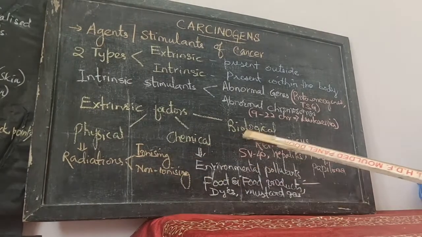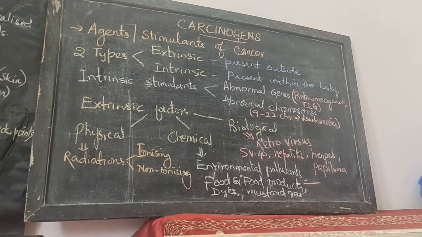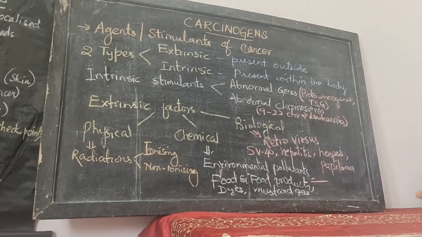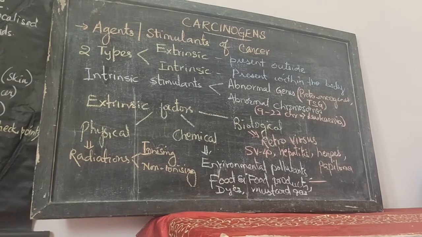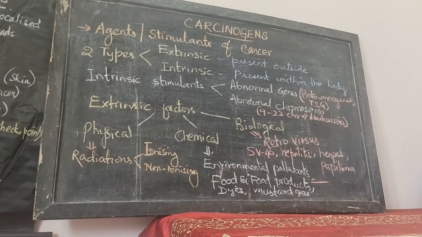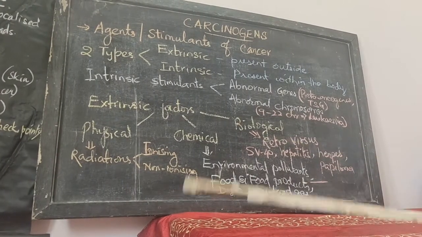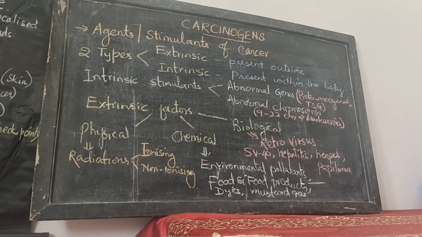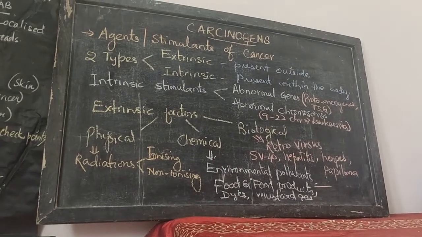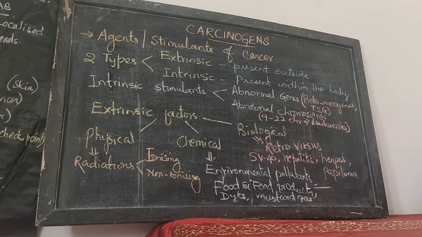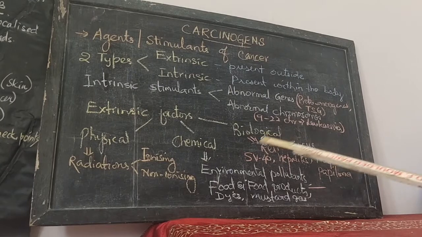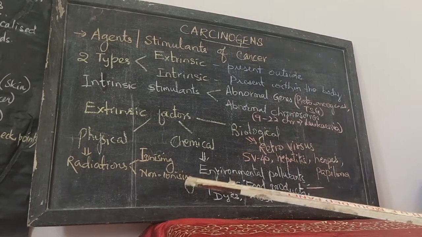The third type we have is biological carcinogens. They are the living agents which trigger the process of cancer. Generally, viruses of the retrovirus category cause cancer in human beings. Viruses called oncogenic viruses cause cancer, and that includes this variety of viruses.